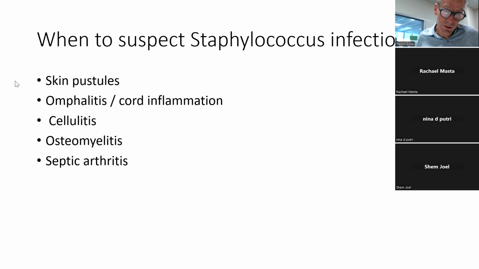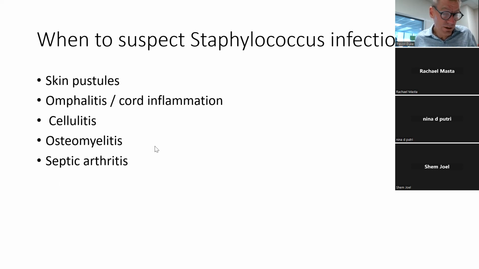And you all know the features of staph infections, so skin pustules or omphalitis or cord inflammation, like a cord infection, or cellulitis or osteomyelitis or septic arthritis. Sometimes some pneumonias as well, of course, are likely to be staph infection.